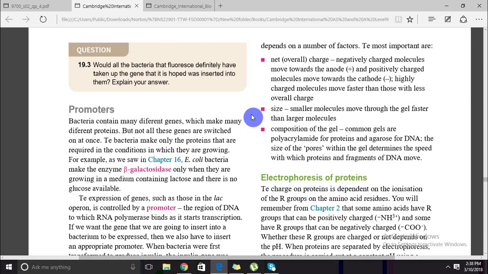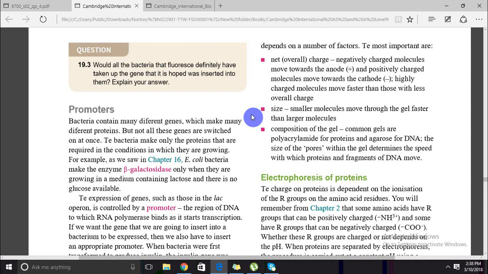And size is also a determining factor, because the molecules that are smaller will move more quickly than larger molecules. So a smaller DNA fragment will move more quickly than a larger DNA fragment.